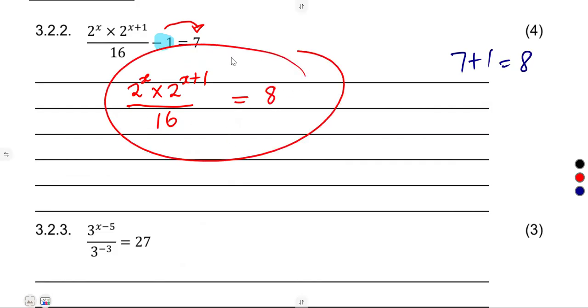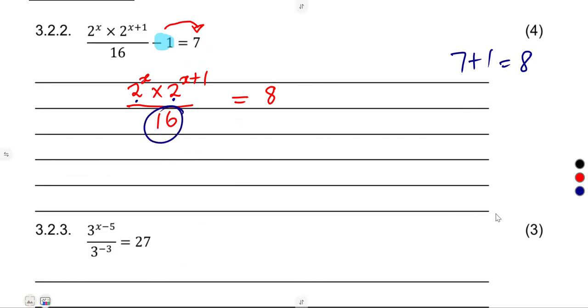Again, on solving here, there are so many ways. We can rewrite these numbers in the base of 2, because we can see the simplest base is 2. So 16, rewrite in the base of 2. 8, you can also rewrite it in the base of 2. But as we can see on the numerator, there is a multiplication.